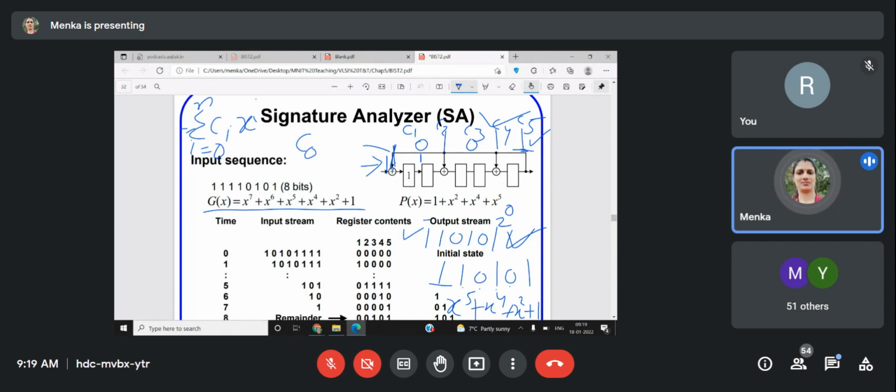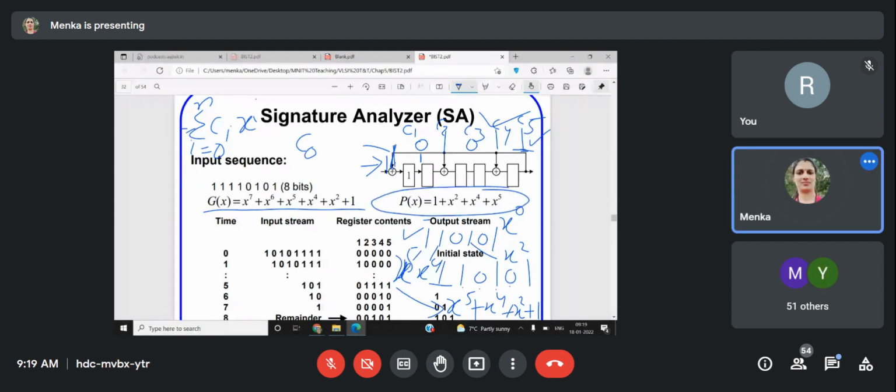So this is x raised to power 0, this is x raised to power 2, then x raised to power 4, x raised to power 5, because x raised to power 1 and 3 have 0 multiplier, so those are automatically 0. Now you sum up all, and you get the polynomial P(x) equal to x^5 + x^4 + x^2 + 1, and this is what P(x) is. Yes, Raj, got it?